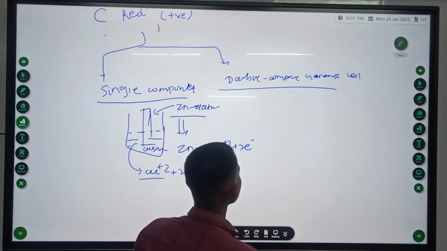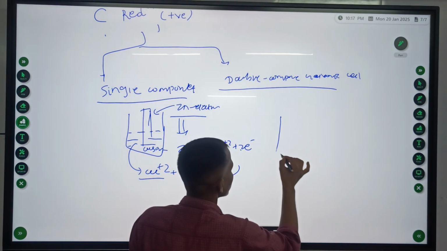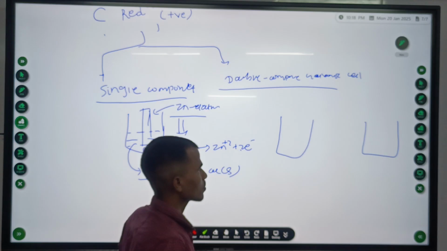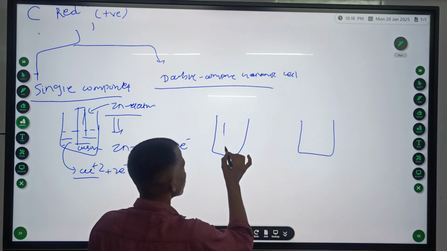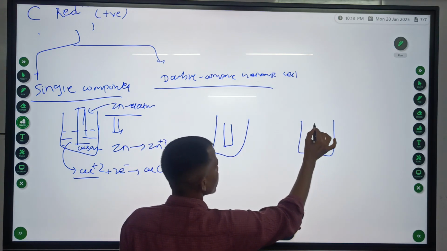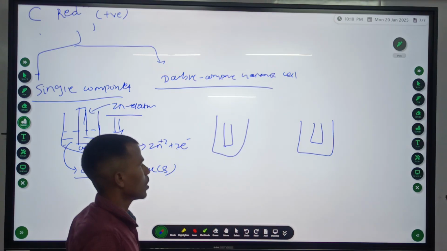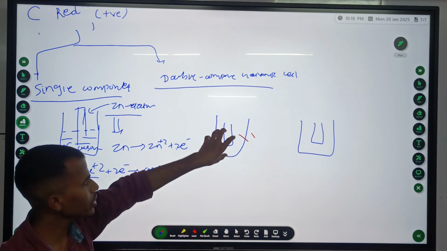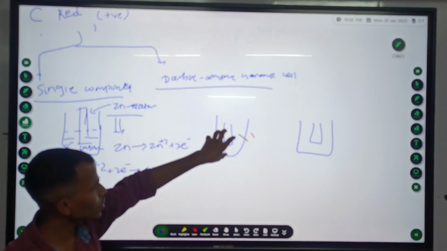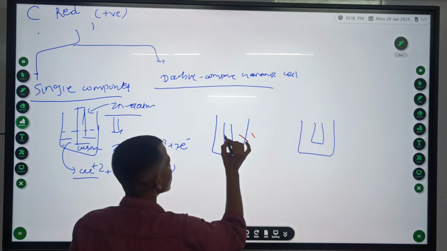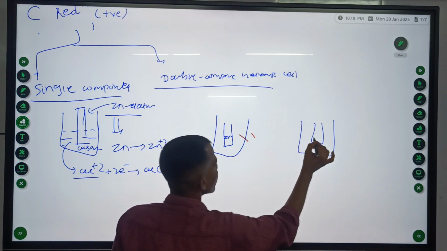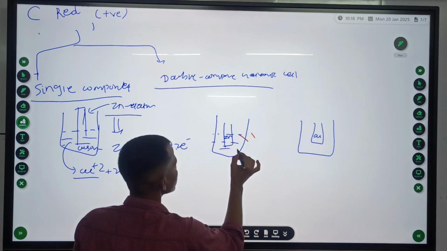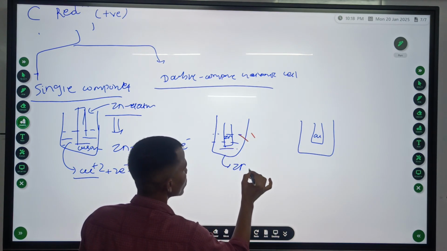But a double component galvanic cell consists of 2 components, and the 2 components have 2 metallic electrodes dipped in their respective electrolytic solutions. Let's say it is a zinc electrode and a copper electrode, dipped in their electrolytic solutions.